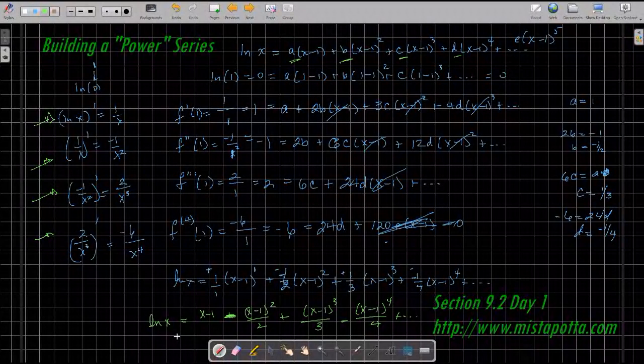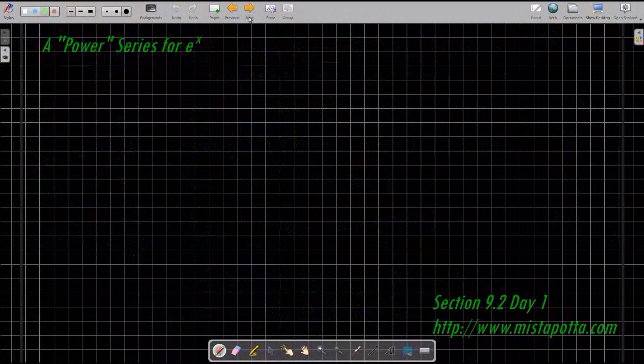Now, I did this with natural log. I'm interested in seeing what happens if I try and do it with a different function. Let's say I want a power series for e to the x.